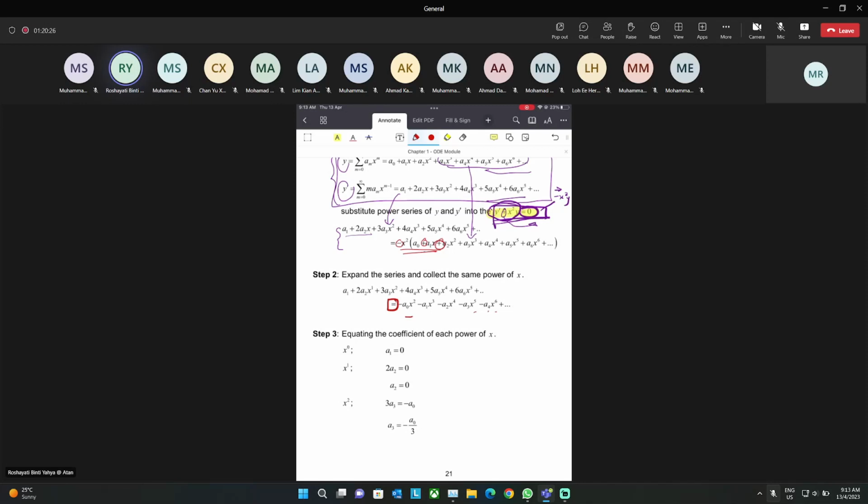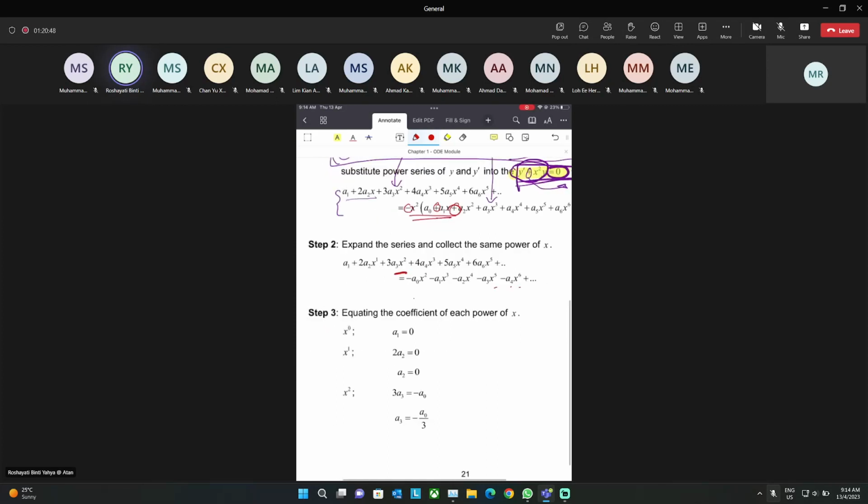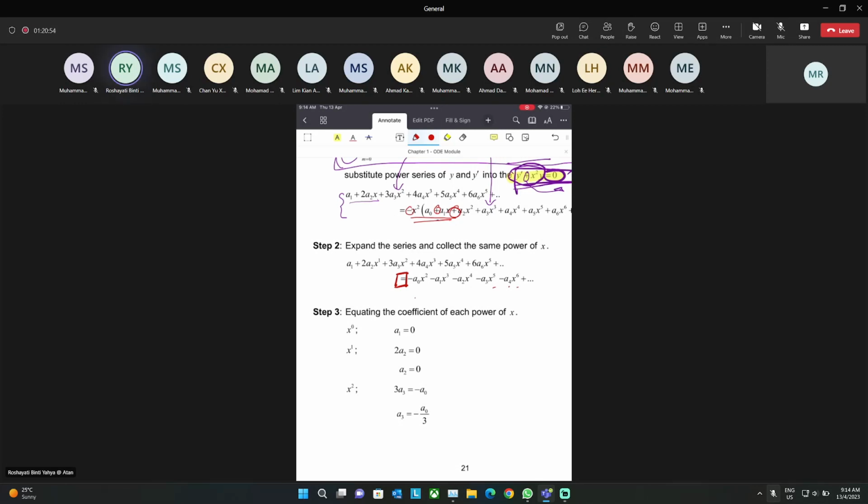Sometimes when you have too many negative, plus, minus, and then minus, minus, and so on, there is a possibility for you to make mistakes between left and right hand side. So normally I prefer to highlight the equal to. Okay, so for x0, A1 equal to, there is no constant on your right hand side, you just put it as 0.